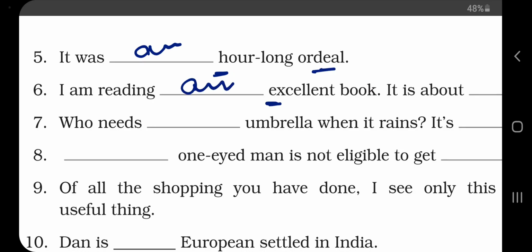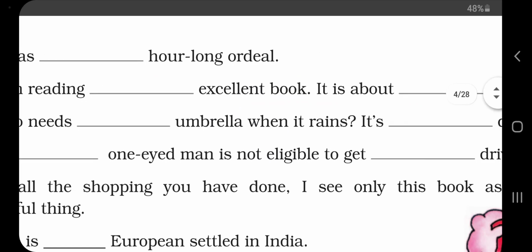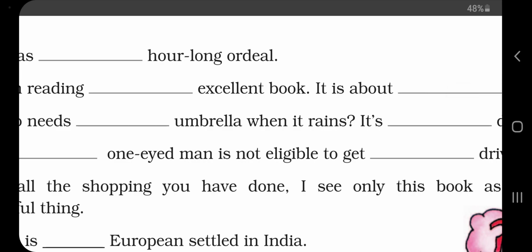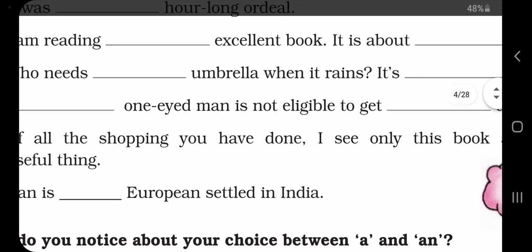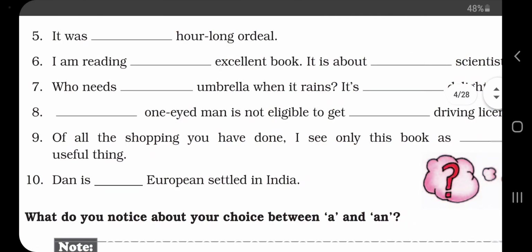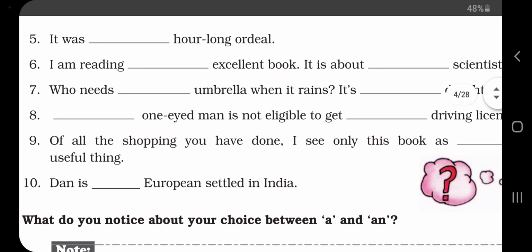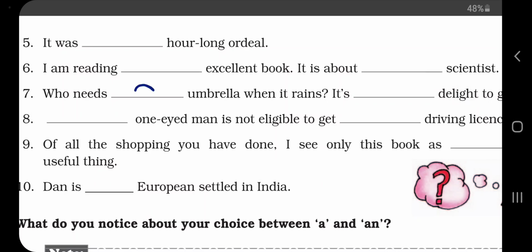It is about a scientist. Who needs an umbrella?